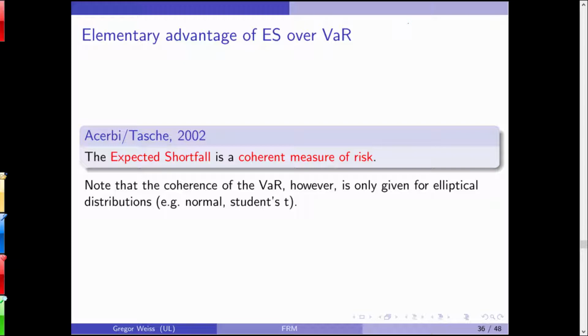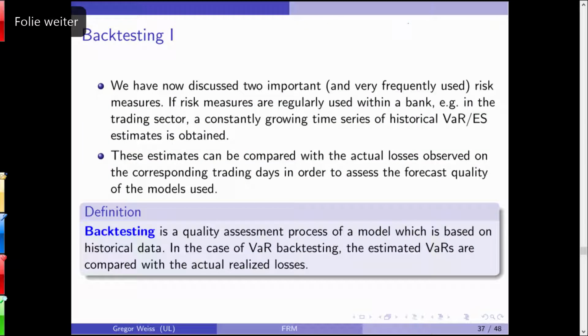Full stop. This is a very strong result, and the reason why everyone, especially in regulation now, tends to work additionally with expected shortfall. One has some serious drawbacks with expected shortfall as well, but it's a good addition to calculating the value at risk. Okay.